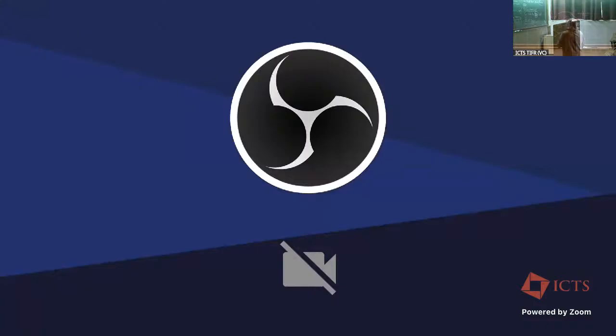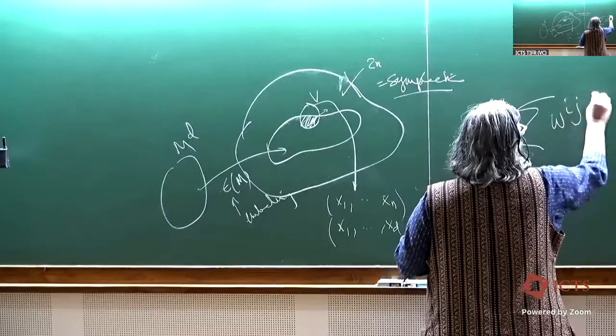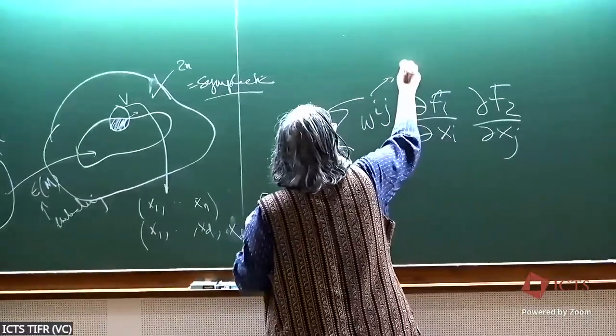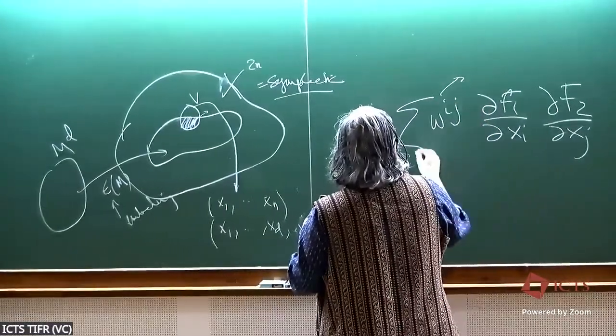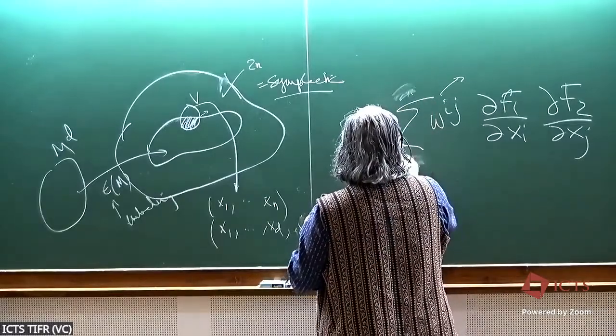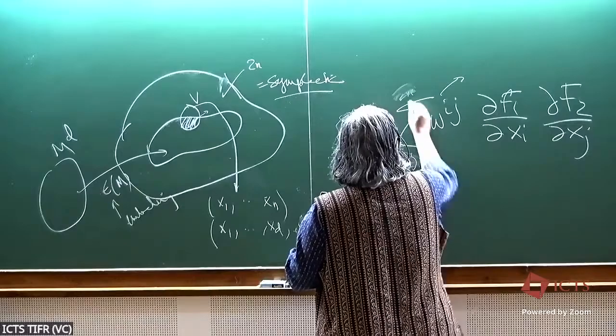So it is actually the summation of omega ij, del f1 del xi, del f2 del xj. This omega ij is the inverse of the symplectic form matrix, with i and j going from 1 to 2n.